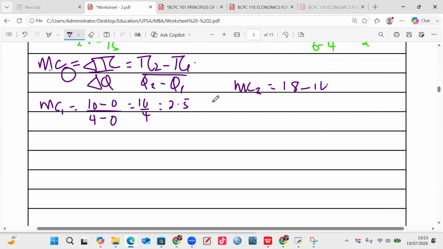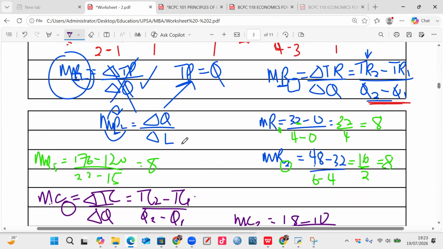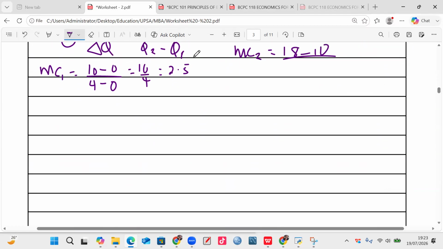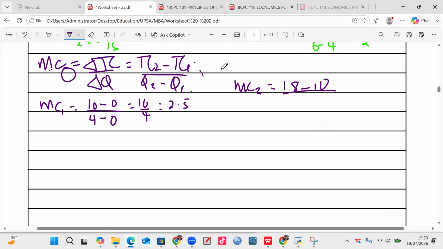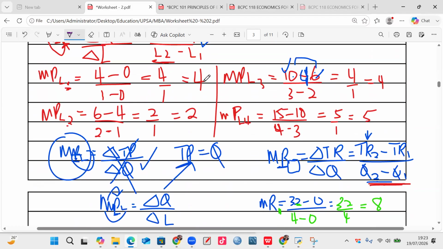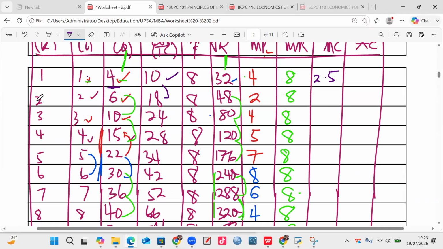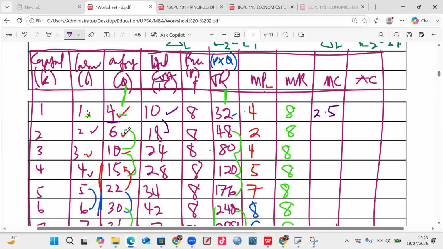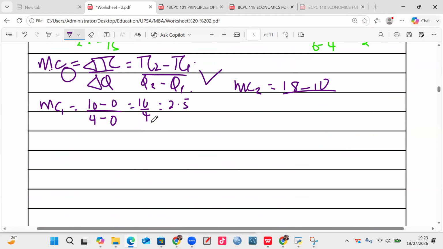And what is the quantity? Q2 is 6, the previous is 4. What do you have? 4.